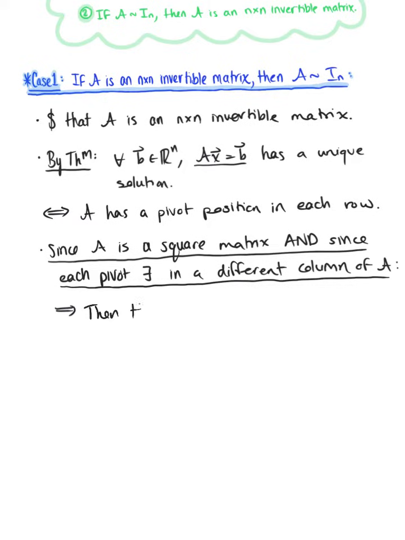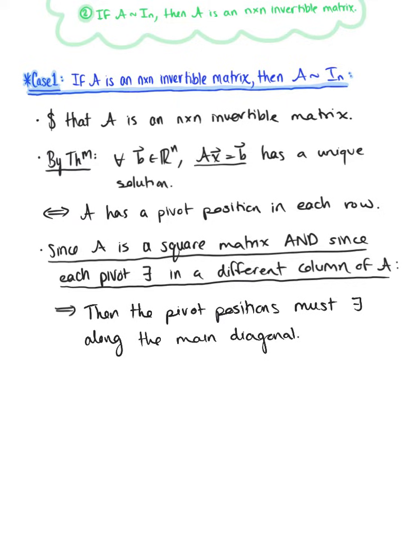So the pivot positions must exist along the main diagonal. Now, if the pivot positions must exist along the main diagonal, then therefore matrix A is row equivalent to the identity matrix.